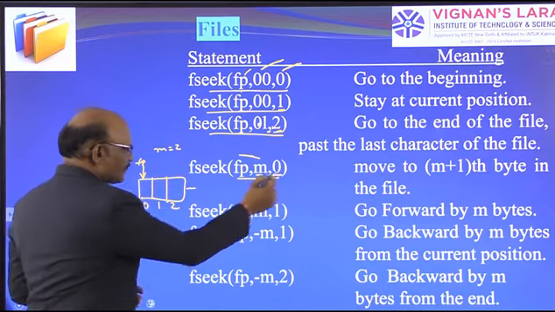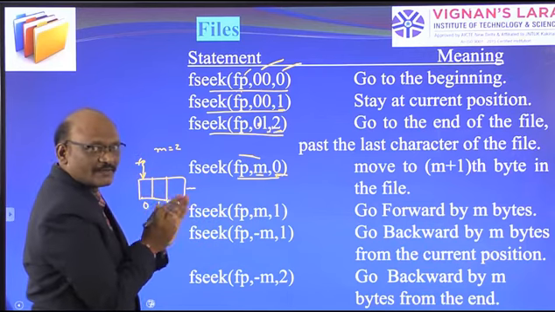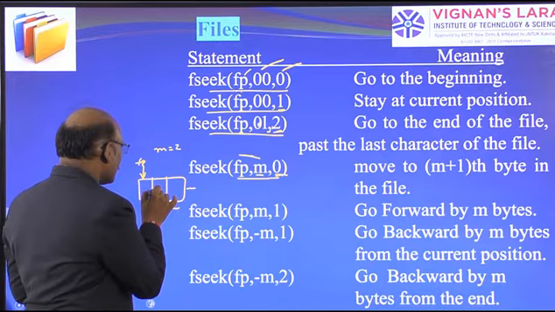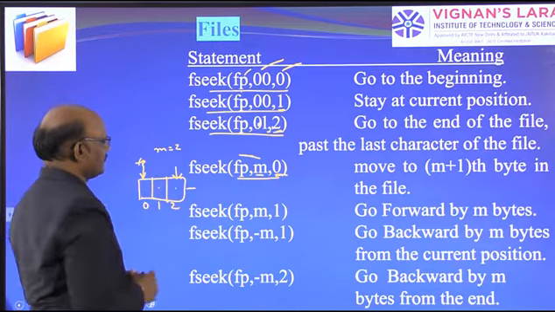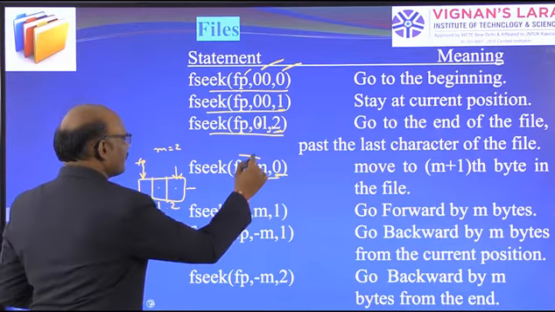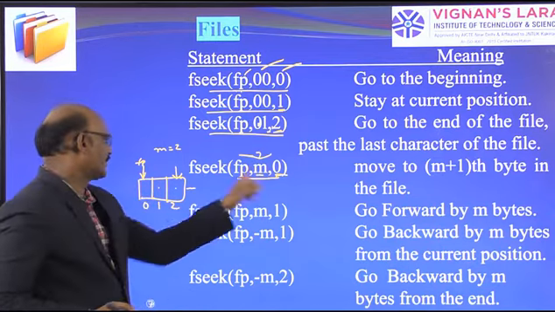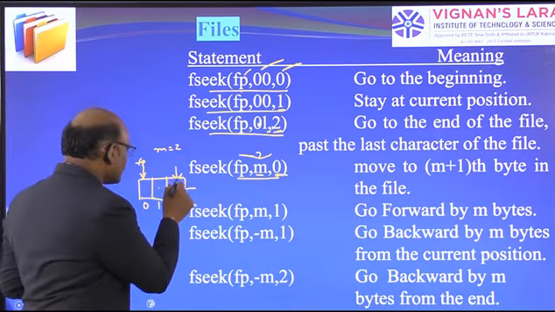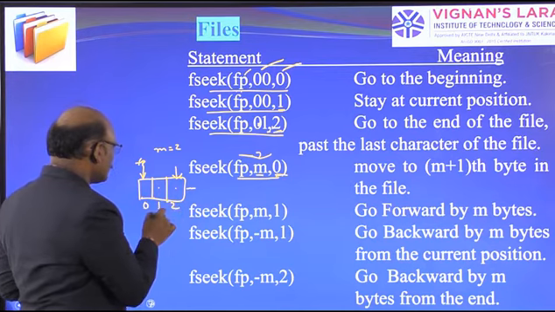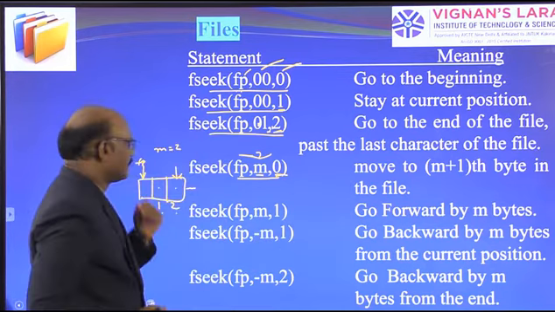The file pointer is moved 2 bytes forward, 1, 2, from here to here. That means the m plus 1th byte, which is the third byte. It points to the third byte.